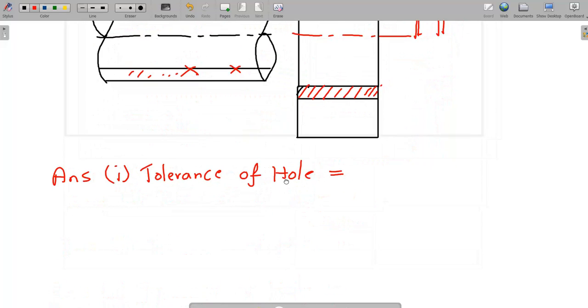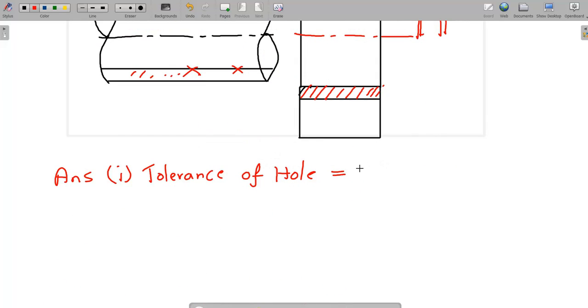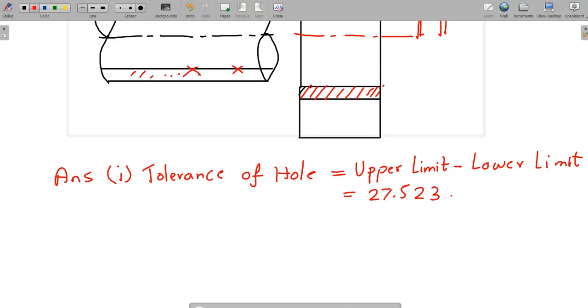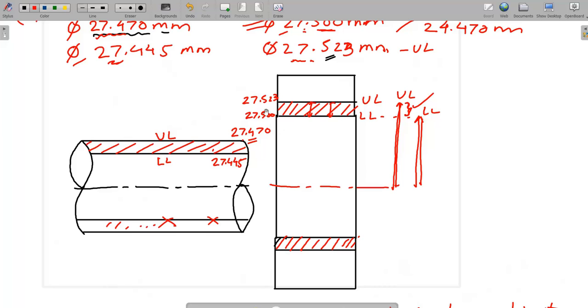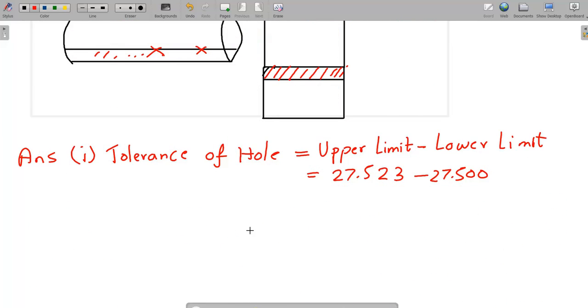You should solve simultaneously. Upper limit minus lower limit. The upper limit of the hole, how much was it? 27.523 minus 27.500. How much is the answer? Solve and tell me. How much answer are you getting?